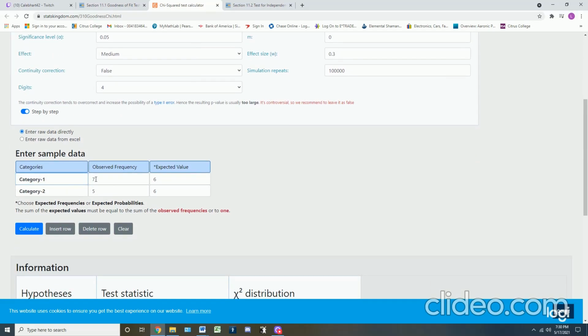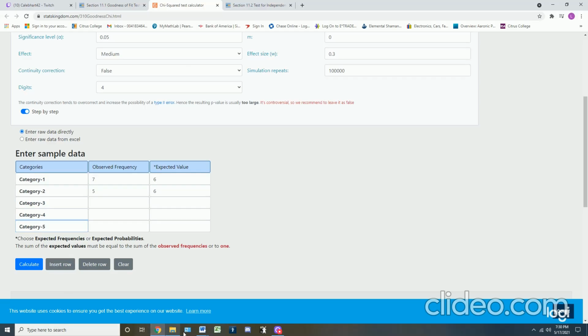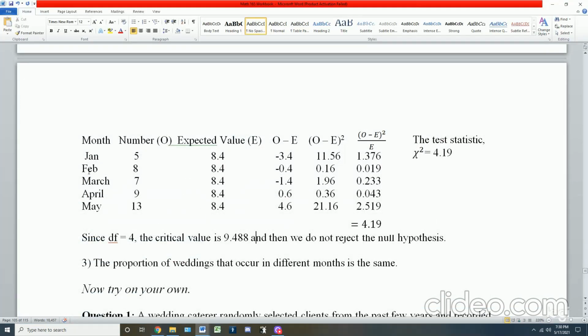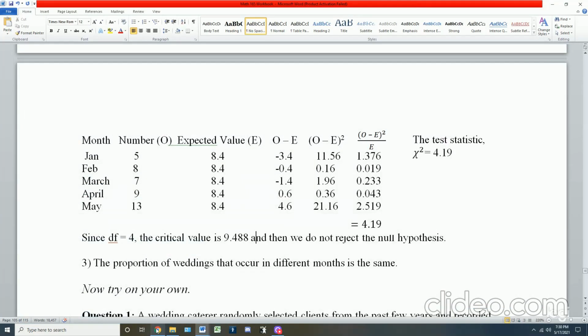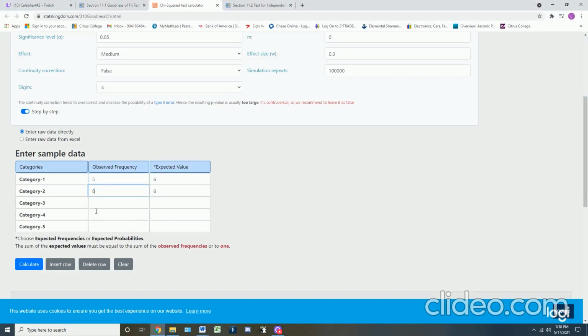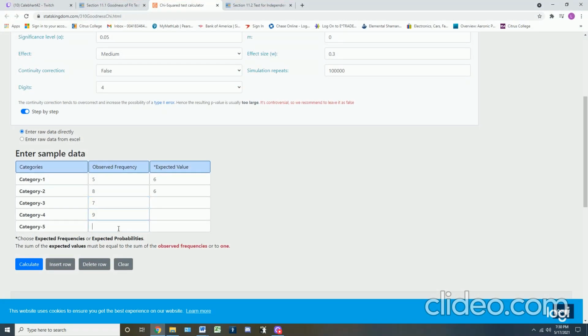So notice we only have 2, and it's just insert row. So we need a total of 5 of them because we have 5 classes, right? 1, 2, 3, 4, 5. And we're going to input our observed and the expected values themselves. So we have 5, 8, 7, 9, and 13. And you can customize this.